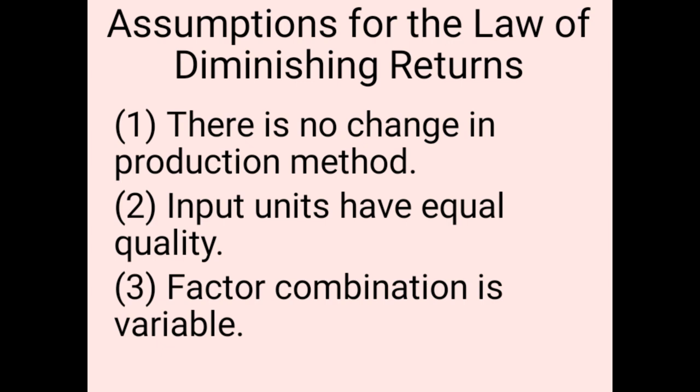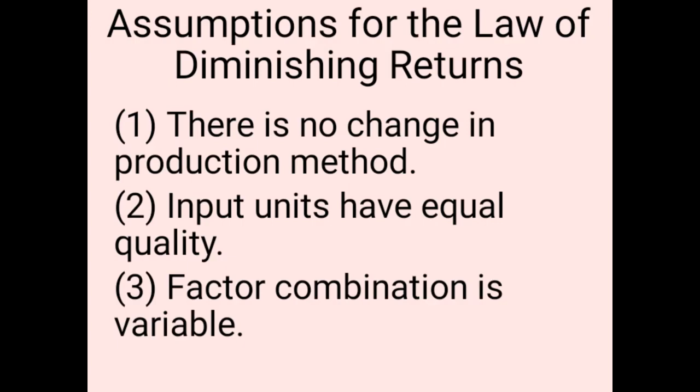Naturally, if we are using 5 inputs, some may be of better quality and others may be longer lasting. It means it is not that good, but it is durable. We can use it for a longer period of time. So these are different qualities of inputs. But what we have to do over here is use equal quality of inputs. Then and only then can we apply this law of diminishing returns.